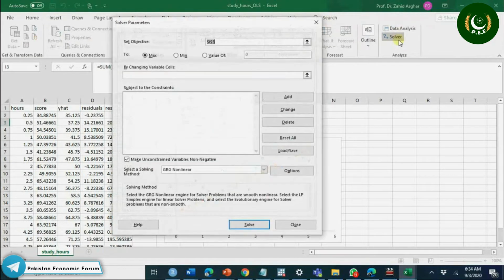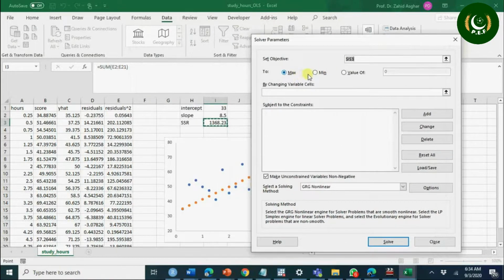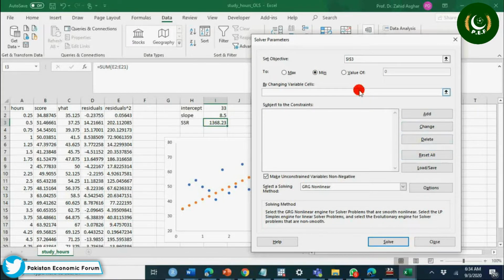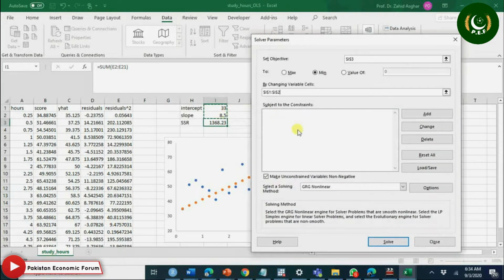Go to Solver and use this. We need to minimize, not maximize, what? This sum of squares of residuals by changing what? By changing cells. Okay, these are the two cells. You want to pick these values and make unconstrained variables non-negative, okay, solve.